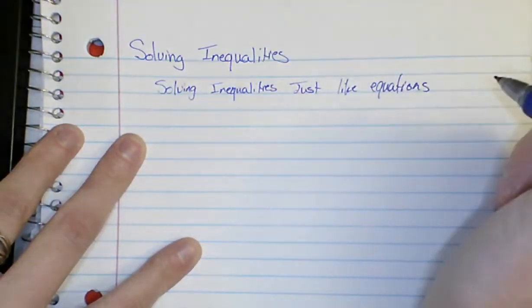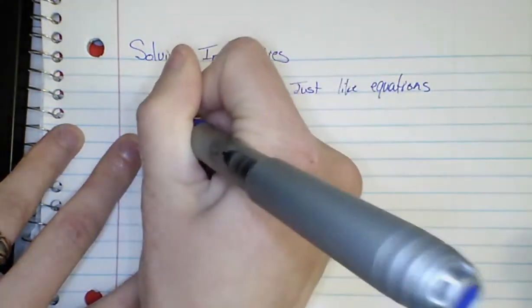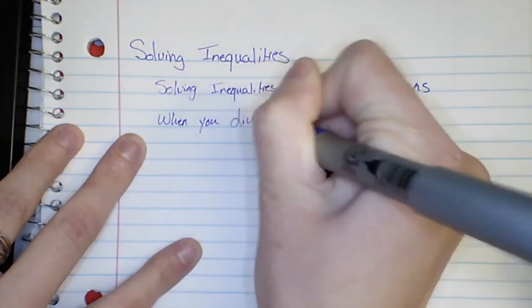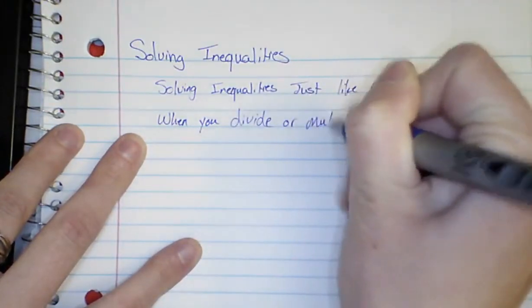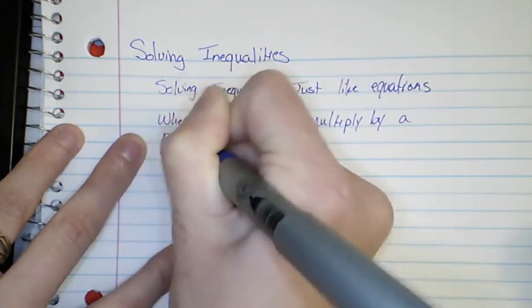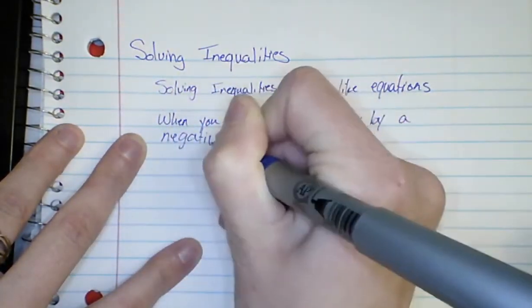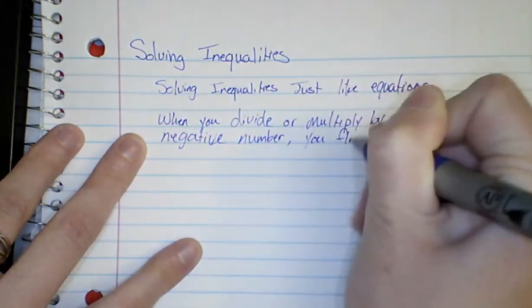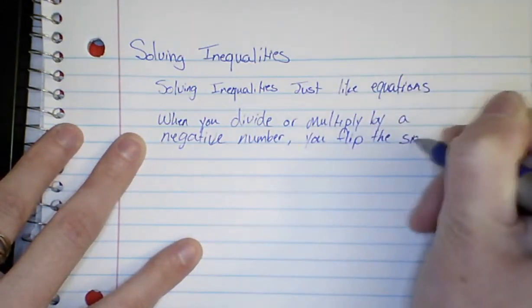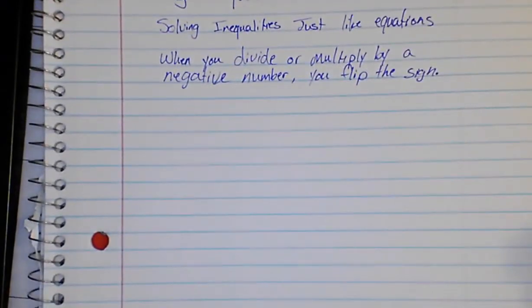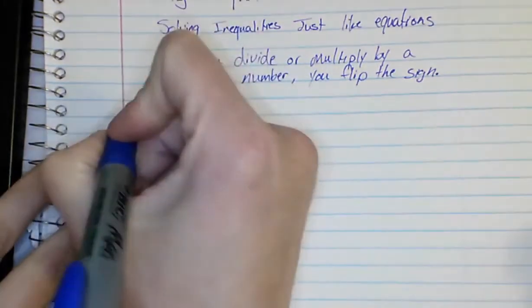But there's only one rule: when you divide or multiply by a negative number, you flip the sign. So everything else is the same except when you multiply or divide by a negative number, your inequality sign flips around. So let's look at some examples.